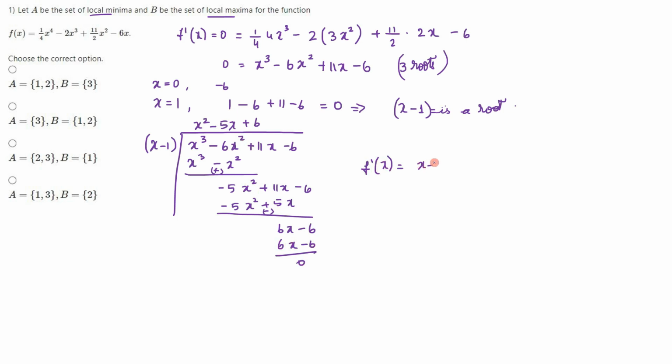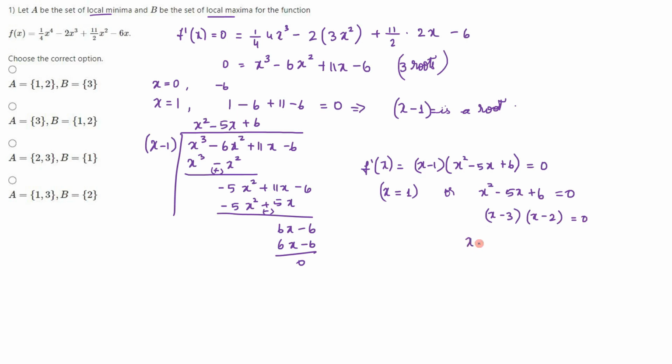Therefore f dash of x is nothing but x minus 1 into x square minus 5x plus 6. To find the critical points, we equate that to 0. So the critical points are x equal to 1 or x square minus 5x plus 6 equal to 0. If we factorize this, we have x minus 3 and x minus 2 as the factors.